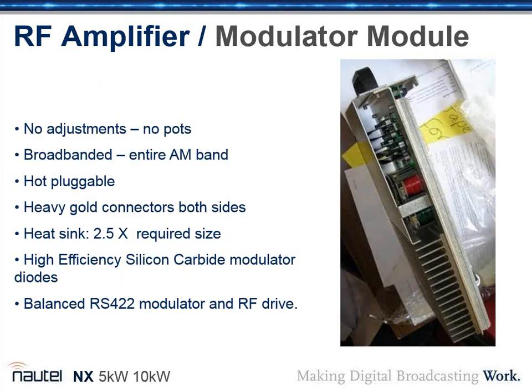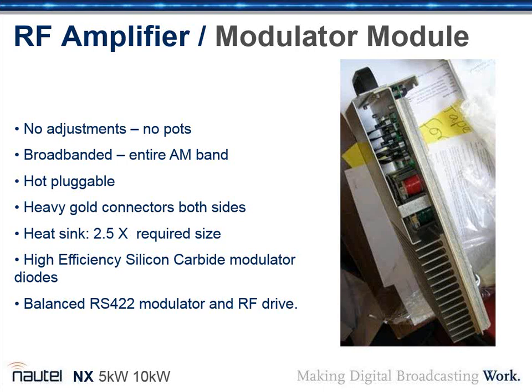Cool. This is just interesting to see how things are from the side. There are, again, no adjustments, no potentiometers, no variable capacitors. It's broadbanded, the entire AM band. In fact, the entire transmitter from exciter through modulator, through the power amplifier, through the combiner, is all broadbanded.